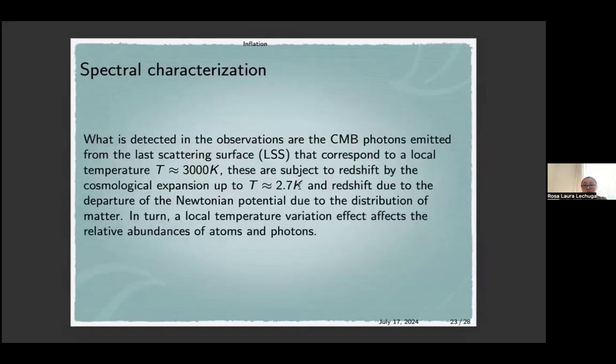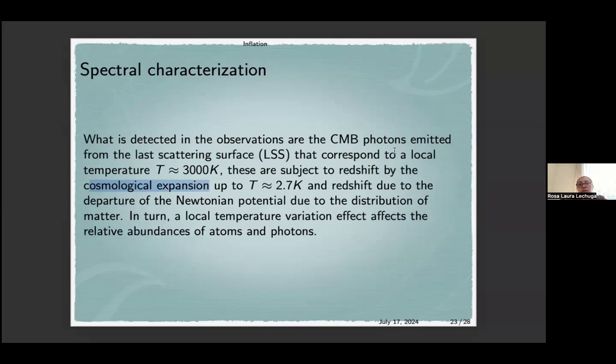They also study the local variation in temperature to study a different topic, the relative abundances of atoms and photons. If I remember well, a question about that appeared in the chat in the first lecture or yesterday. But basically, people study the redshift that the photons on this surface suffer by the cosmological expansion.